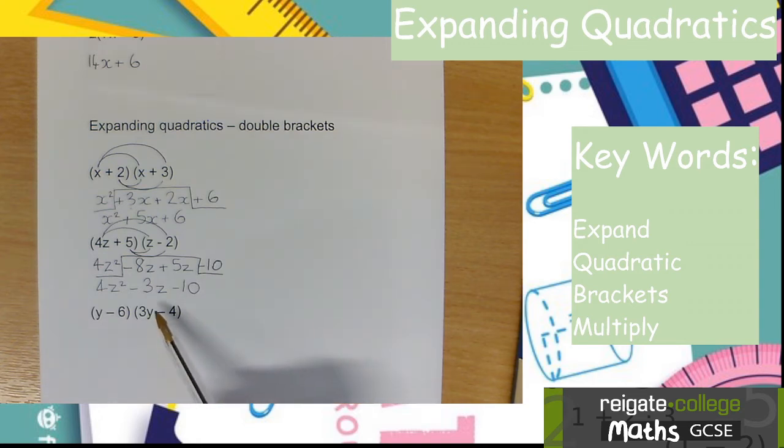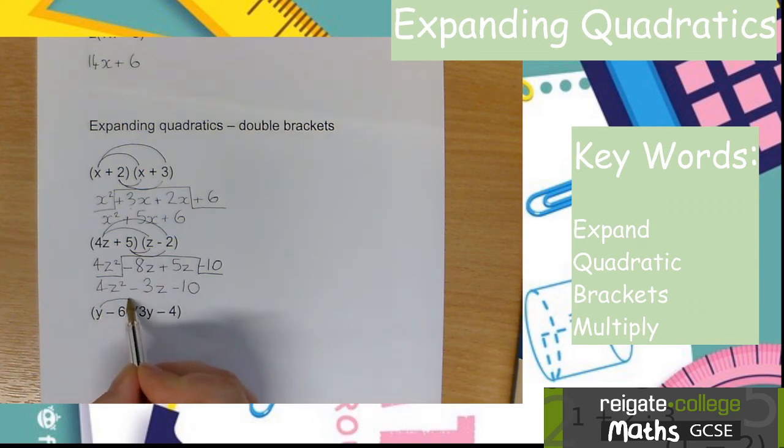My third example has 2 negative numbers in it. So we must remember as we're doing this, if I multiply one of those negatives by a positive, I'll get a negative result. If I multiply both the negative numbers together, I will get a positive result. So here goes. Y multiplied by 3y is 3y squared.